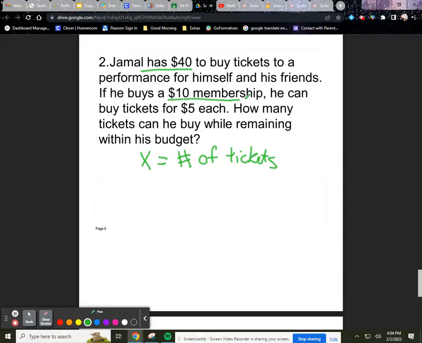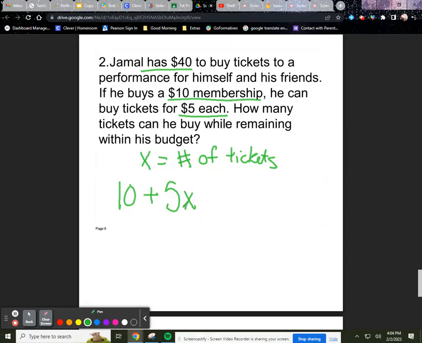Okay, so he only has $40 to buy tickets. If he buys that membership fee, he can get $5 for each ticket. So he spends $10 on the membership, and then each ticket, not 2, so all right, that should be 5. Each ticket is $5. So he only has $40.